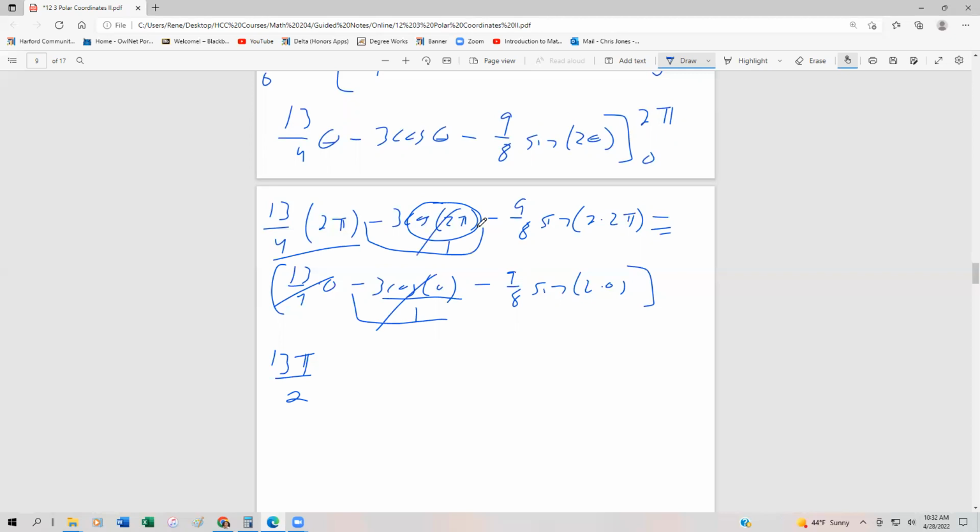Then finally, we get the sine of 4 pi, which is the same thing as the sine of 2 pi, which is the same thing as sine of 0, which is 0. You can check this in your calculator if you don't believe me. Over here, we get the sine of 0, which is 0. So ultimately, we end up with 13 pi over 2 for our area.